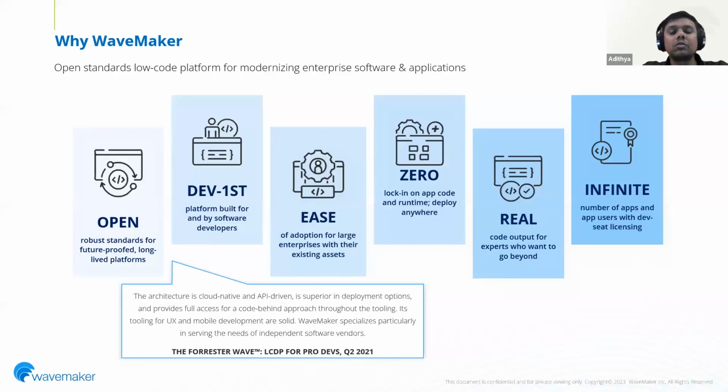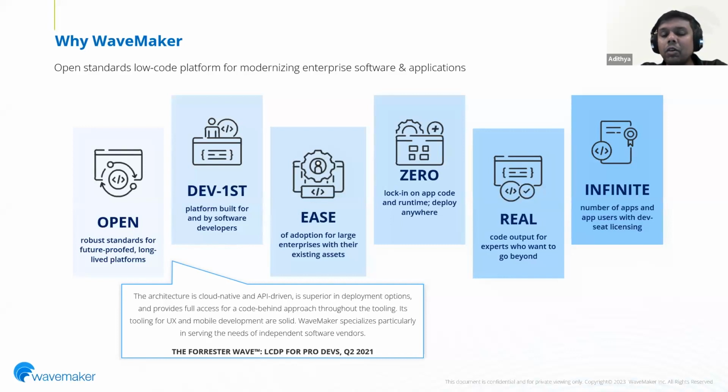Very quickly, just to give you a high-level overview of what WaveMaker delivers, we're giving you an open standards-based, developer-centric platform where it's very easy for developers to adopt WaveMaker, especially if you're coming from a Java background. With the help of the WaveMaker documentation and training, non-Java developers can pick it up quite easily as well.